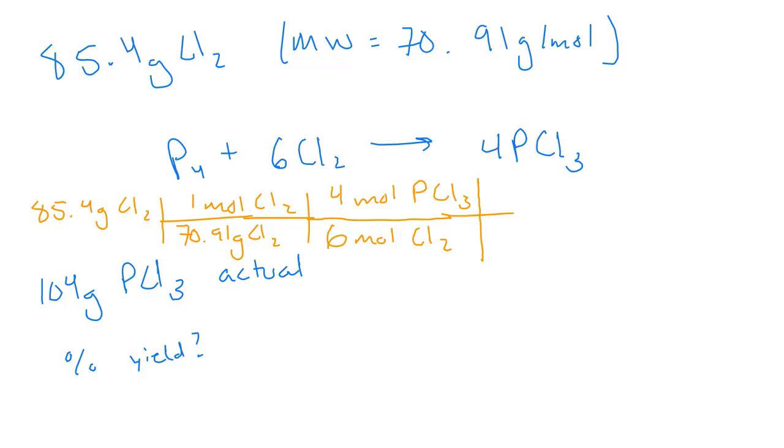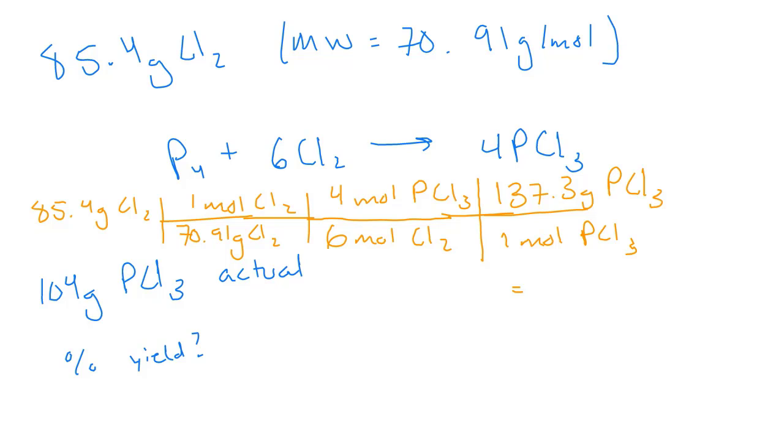Yes, exactly. So let's figure out the molar mass. 1 mole of PCl3. I think they gave it earlier. Right, it's 137.3 grams. Let's write that out. 137.3 grams per mole of PCl3. So can anyone tell me what that is?